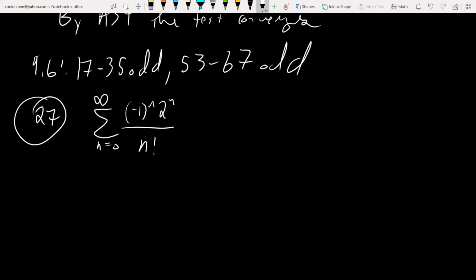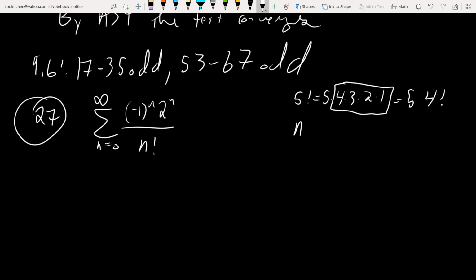When I work with factorials, I usually work with the recursive definition. So 5 factorial is really equal to 5 times 4 times 3 times 2 times 1, and 4 factorial is inside of 5 factorial. 5 factorial is really 5 times 4 factorial.